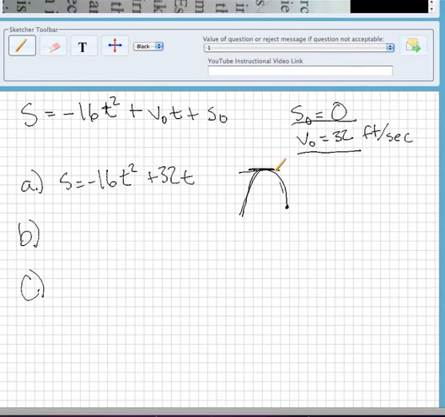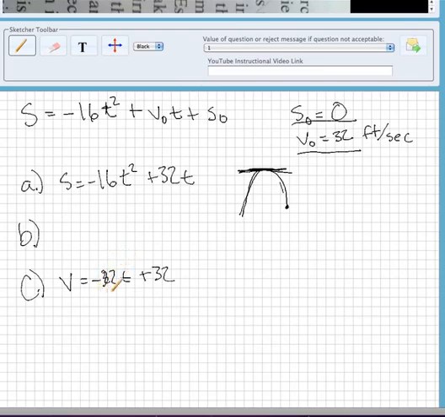So what we're going to do is see where the tangent line is equal to 0, right at the top. That's where the top is. The tangent line is going to be horizontal where the velocity is 0, where it stops. If it goes straight up, it's going to stop with velocity 0. The velocity is going to be the derivative of this, so it's going to be negative 32t plus 32, with the power rule.